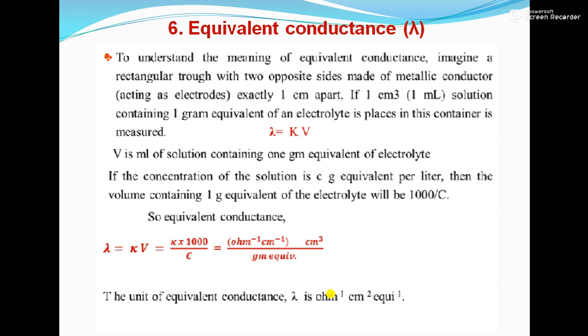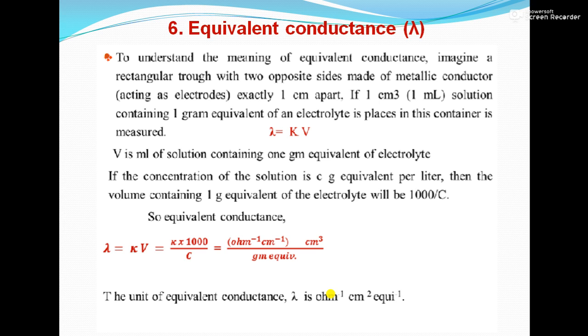Then next is equivalent conductance. To understand the meaning of equivalent conductance, imagine a rectangular trough with two opposite sides made of metallic conductor acting as electrodes exactly 1 centimeter apart.